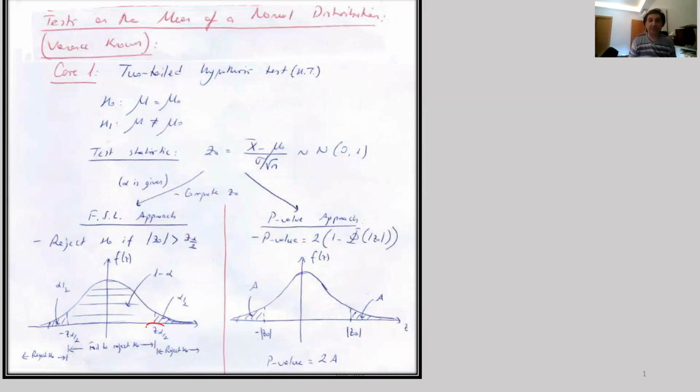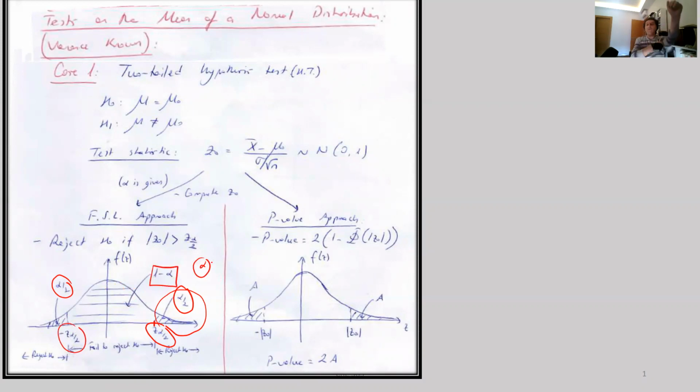Z alpha over 2 is the value of this standardized normal distributed random variable for which the right-hand side probability from that value to plus infinity is equal to alpha over 2. Since it's a symmetric distribution, when you also have the alpha over 2 probability here, the sum of these two areas is going to be equal to alpha.